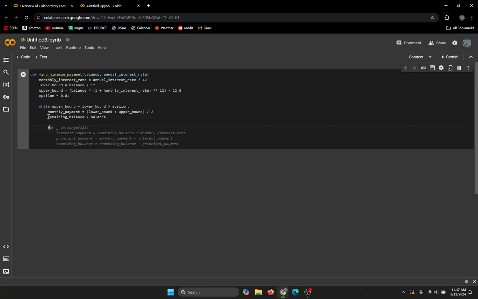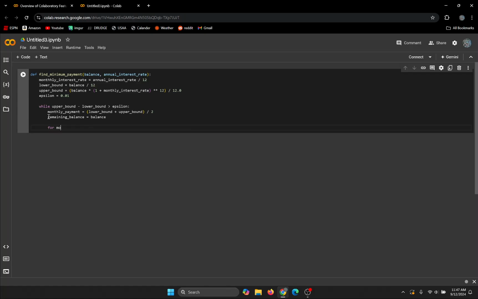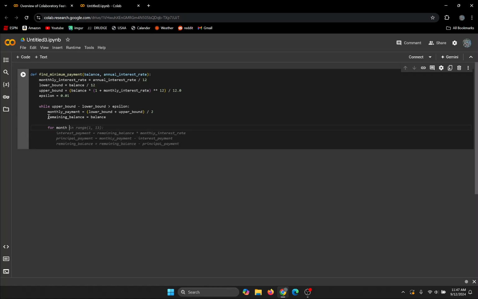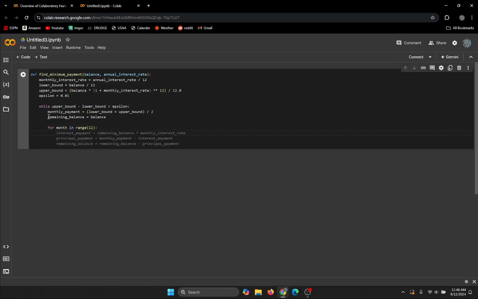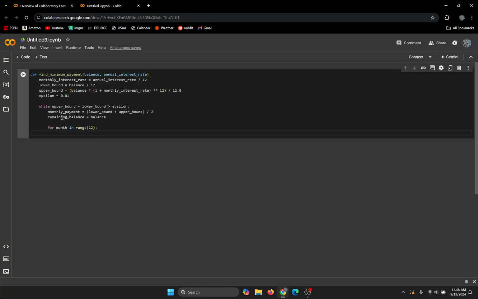So now we need another loop that does it for each month of the year. And now we need a couple lines to update the remaining balance for each month.